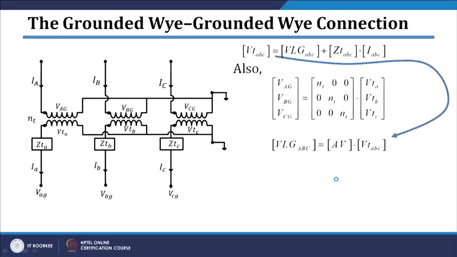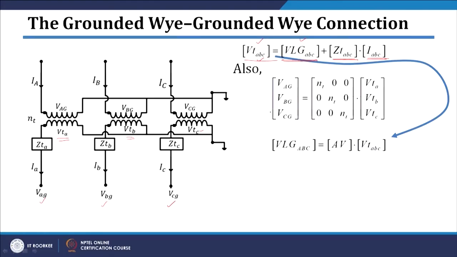Basically we have got this VTABC, which I explained is basically line to ground voltages of these terminals, that is VAG, VBG and VCG, which is basically in this particular matrix, and all the 3 terminal voltages, those are VTA, VTB and VTC, which are in this VTABC matrix. This is impedance matrix and line current matrix we have derived in last slide.